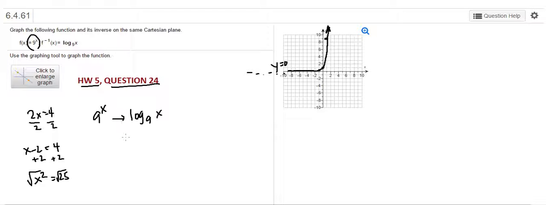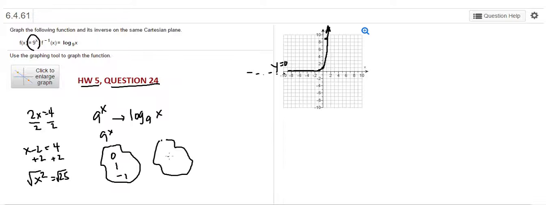All right, and so in a real simple way, I know that if this is 9 to the x going this way, if this is 0, 1, negative 1, 9 to the 0 over here means 1. 9 to the 1 corresponds over here to the number 9, and negative 1 corresponds to negative 1/9.